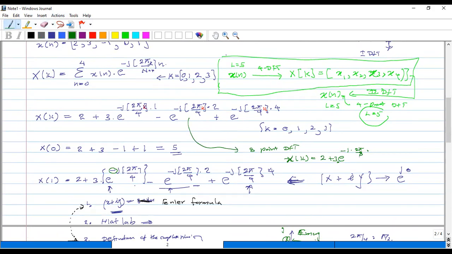So you will have 2π by 8 instead of this 4, you will have 8, and you will have this k.